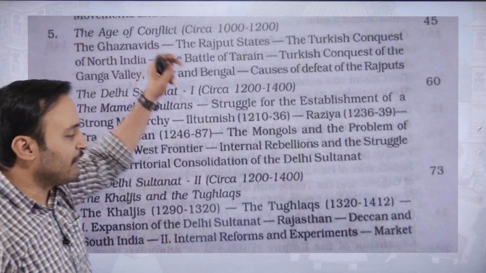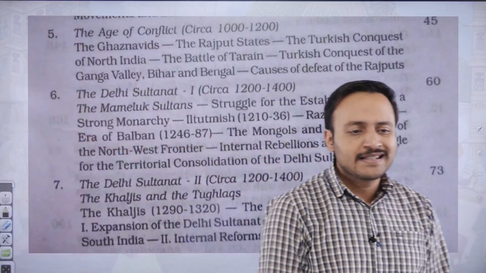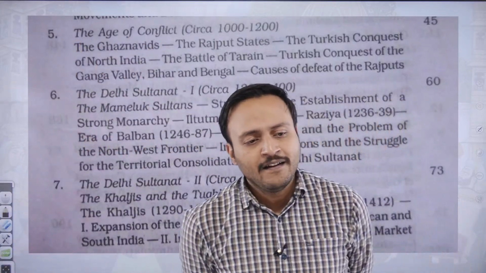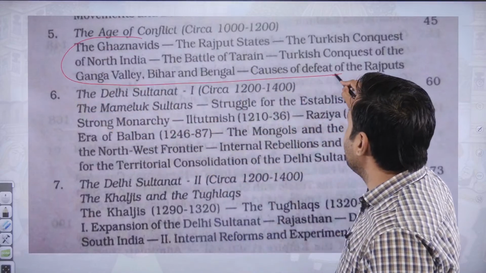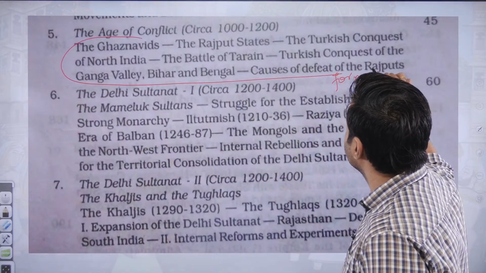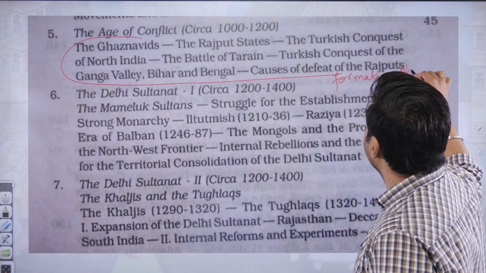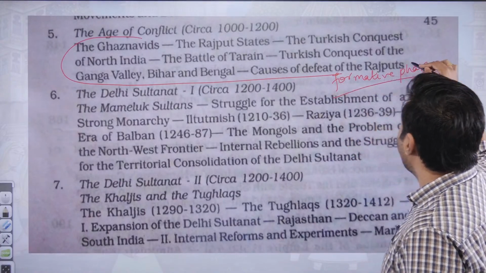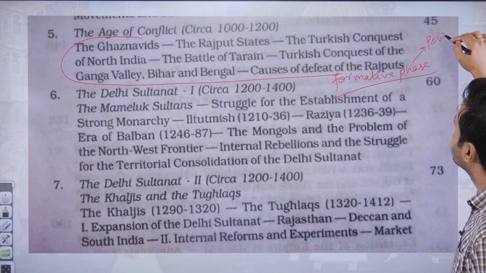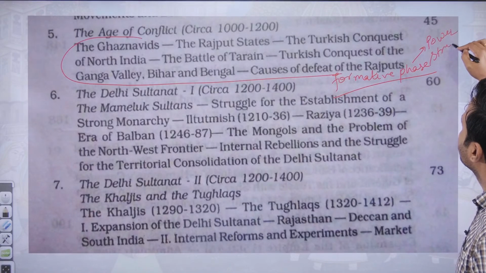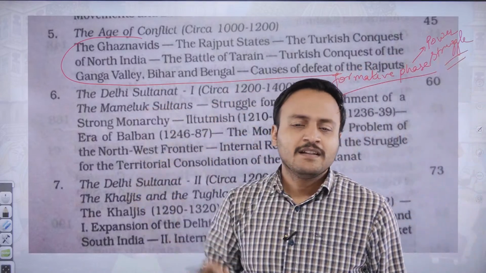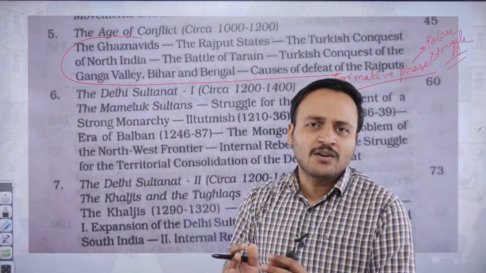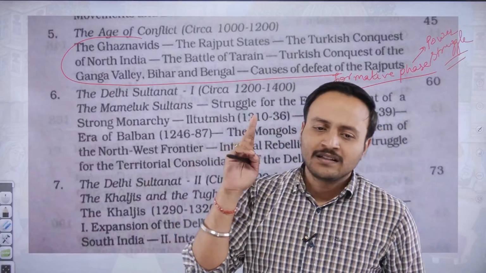Then there is the age of conflict, 1000 to 1200 CE. In that age of conflict, basically, this is the formative phase where you can see the power struggle takes place between the two legitimate challengers of each other, Rajputs and the Turks.